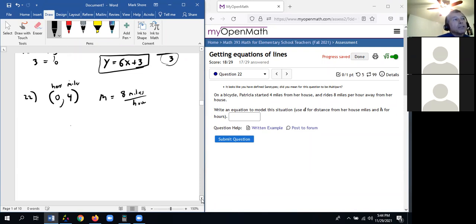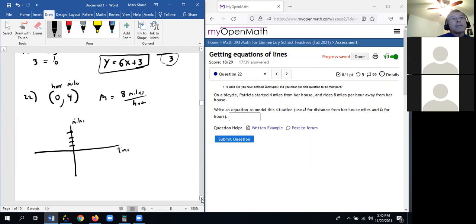See, if I was graphing this, that's a y-intercept. Here's your time variable here. And here's your miles on this. So at time 0, hours 0, she was 4 miles away. Right here, right there.